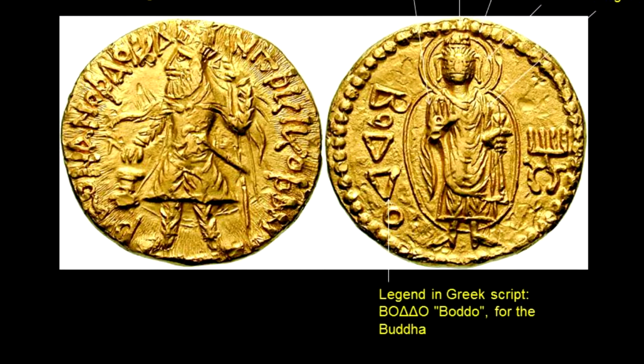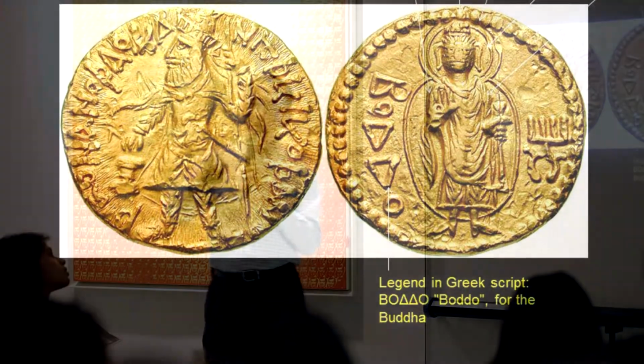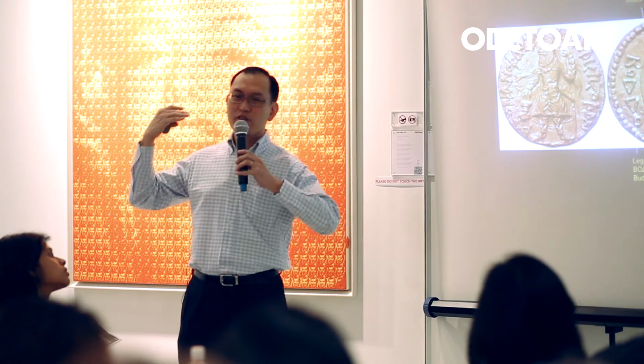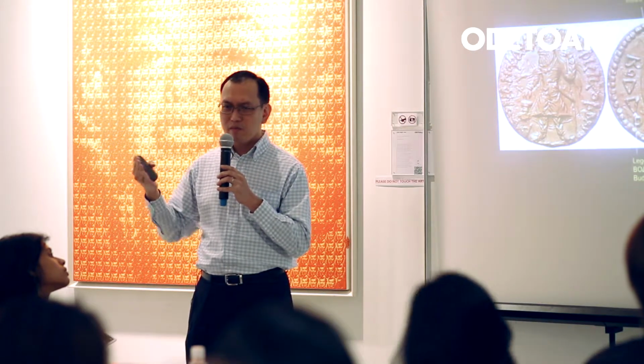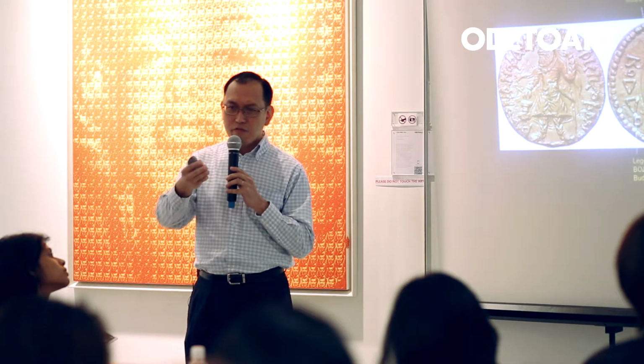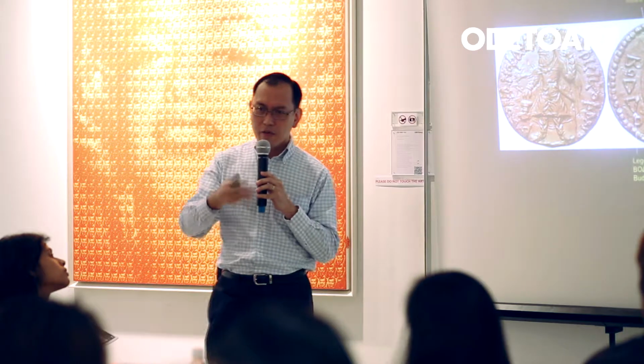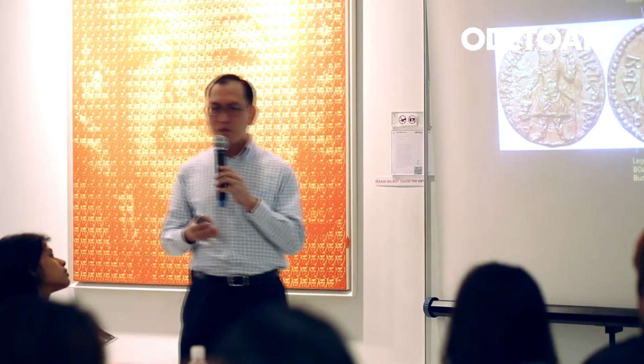On one side, you'll see King Kanishka on the left, and he holds a scepter, he has flames coming out of his shoulder, and he's making a sacrifice on the fire altar. Again, we see the influence of other religions, like perhaps the Persians, using fire as part of an act of ritual. So that's on the left.